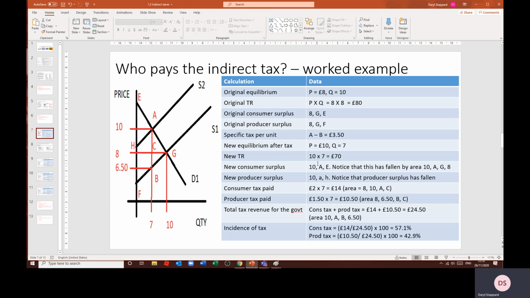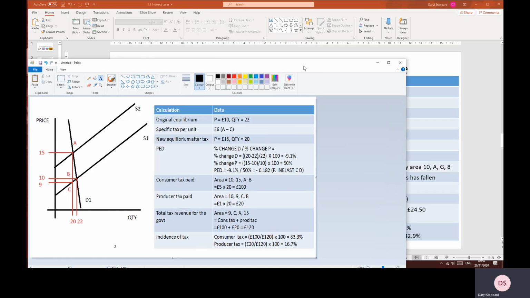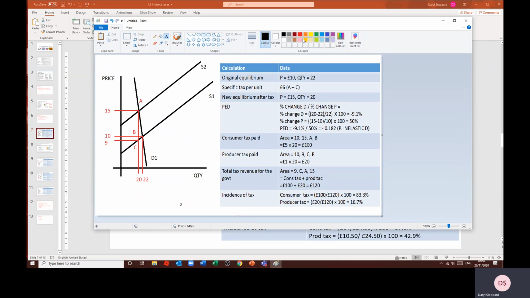Right guys, now I'm going to talk you through a numerical example of who pays the tax. I'm going to do this by dragging across this document here, because we can use this to show exactly what is happening in this marketplace. So what we've got here again is an example of a specific tax.